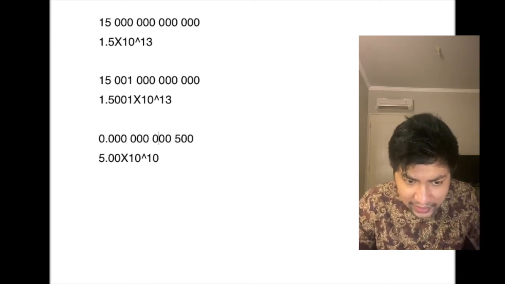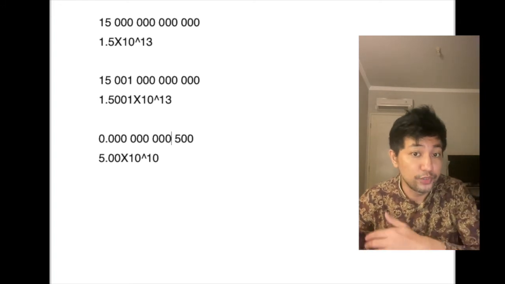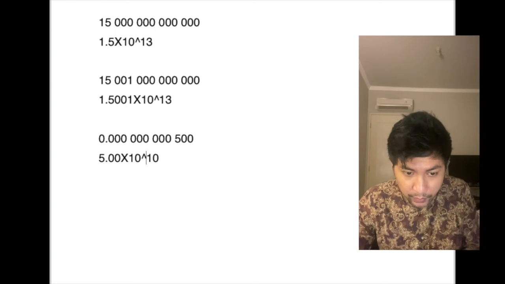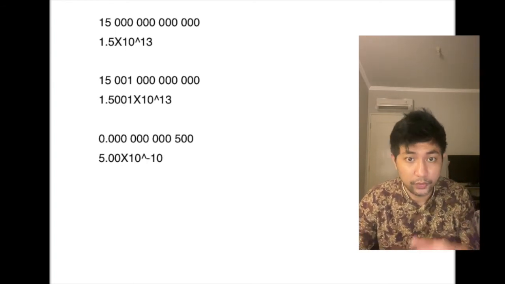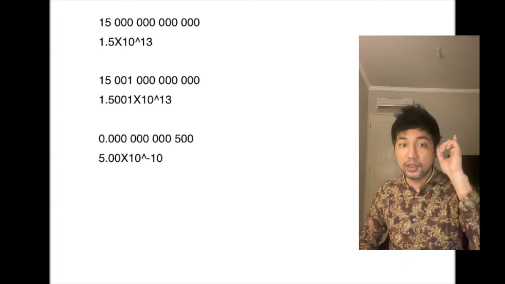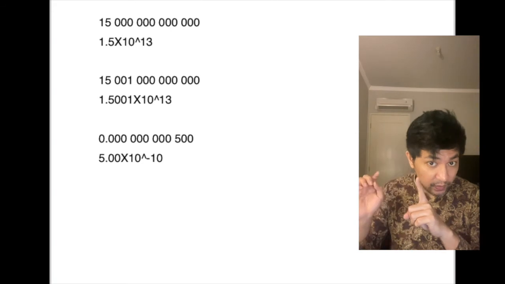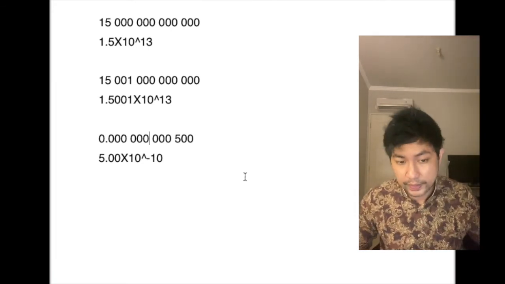Now, what about the last two? You only count how many times you have moved your decimal point. It has to be negative, because we moved the decimal point from the left to the right, or the number is smaller than 1. Remember, if the number is smaller than 1, we use a negative exponent. If the number is bigger than 1, we use a positive exponent.